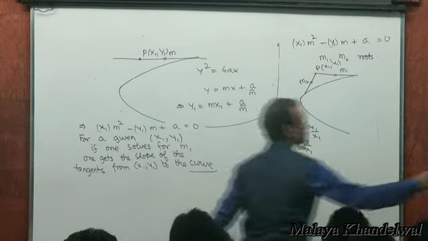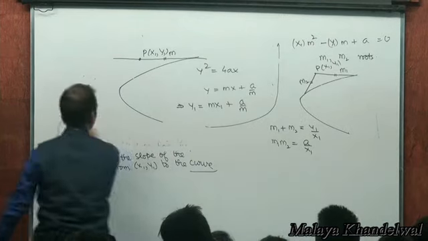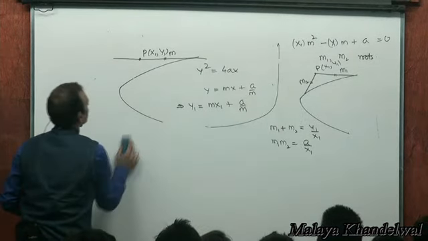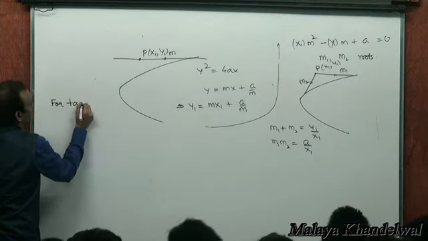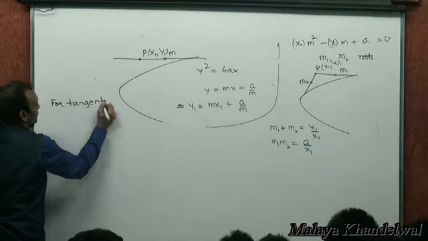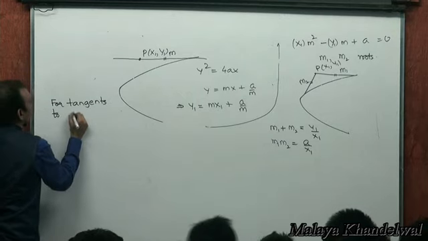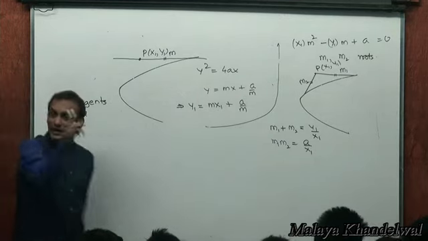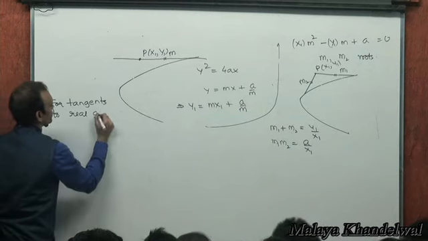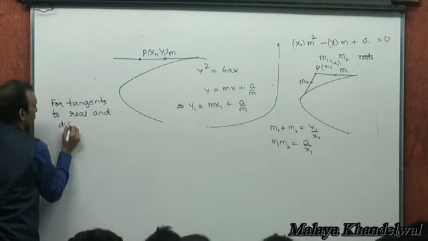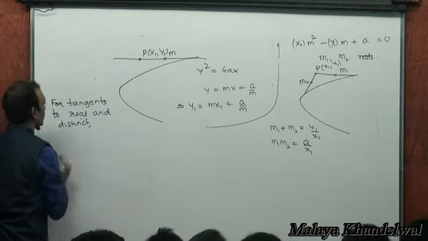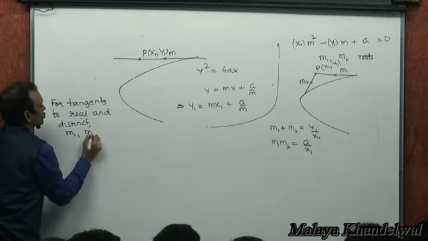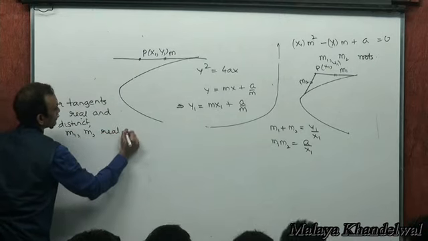So for the tangents drawn from x1, y1 to be real and distinct, m1, m2 should be real and distinct.